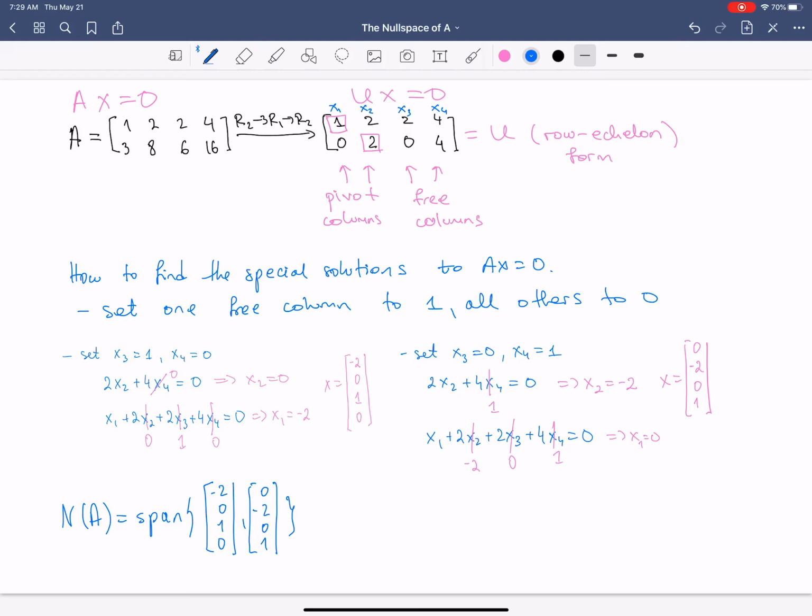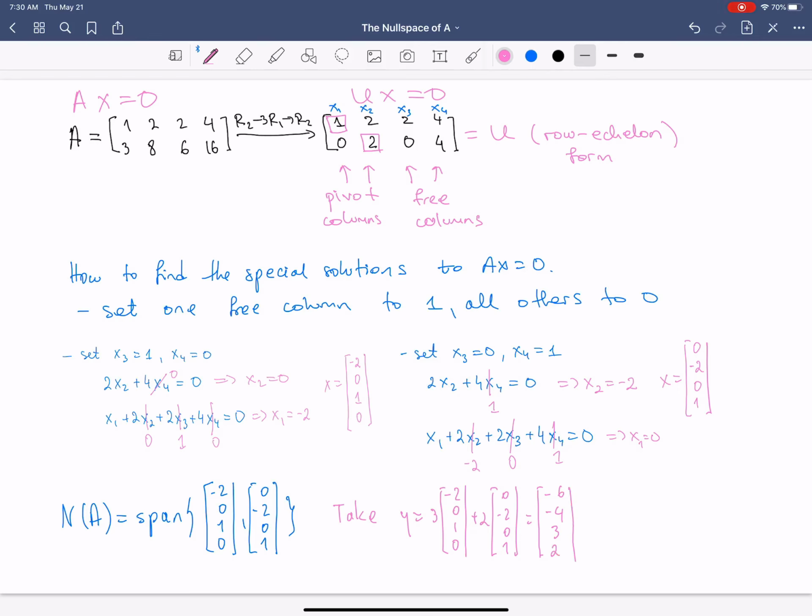Let's do just that. Let me call this y. y equal to 3 times negative 2, 0, 1, 0 plus 2 times 0, negative 2, 0, 1. What we are getting is negative 6, negative 4, 3, 2.